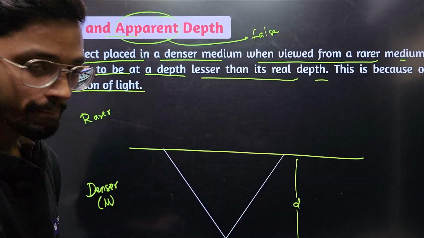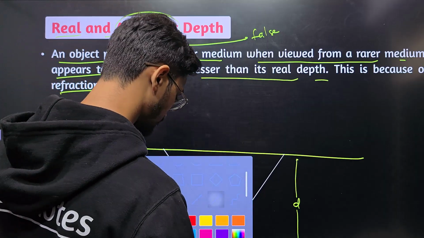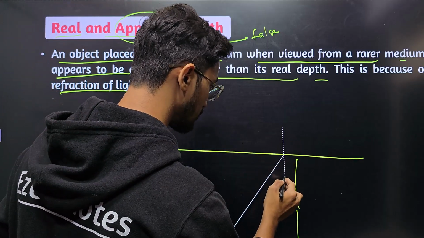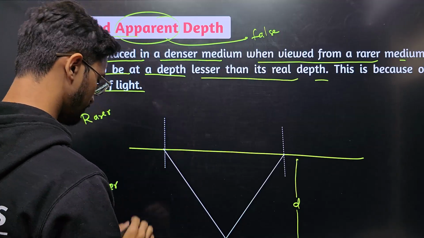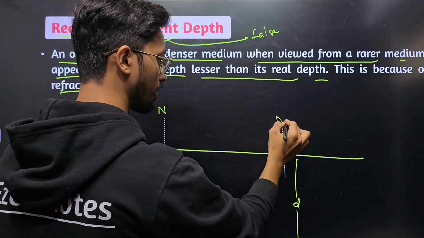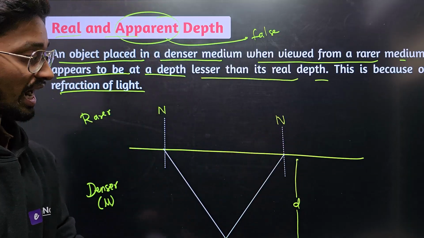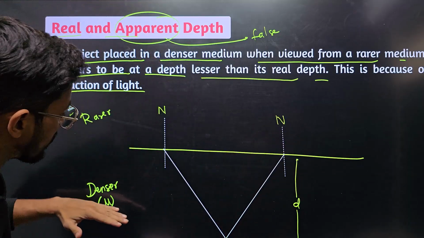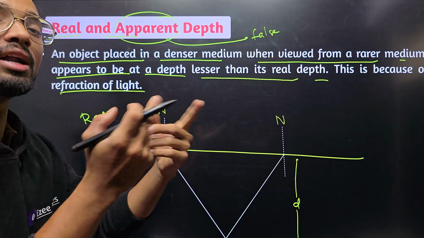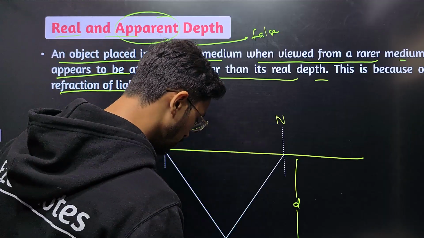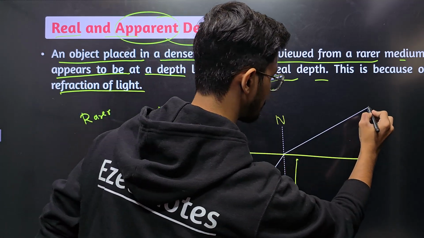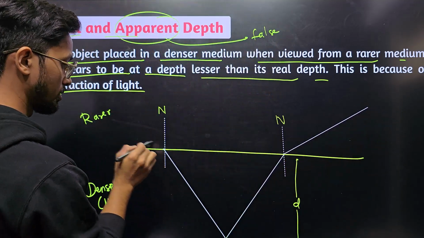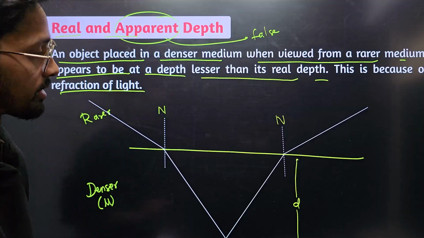Now this is the normal. After refraction of light, as it's going from denser to rarer medium, it will bend away from the normal. So it will move away from the normal like this.